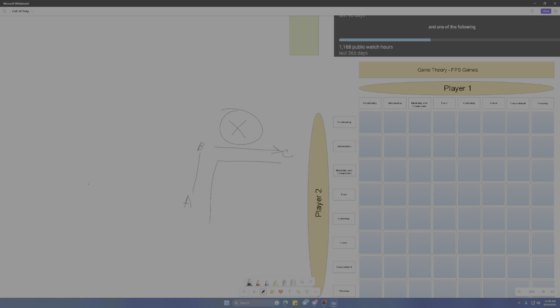But regardless of your sensitivity, if you're going to round a corner from point A to point B, and you're trying to get information on point C, right? In this instance, there was a little box where he starts to explain this, but the proper way, and you'll actually see this in a lot of pro players, is that they'll go from point A to point B, and then they'll turn, and then they'll strafe out while looking at point C the whole time.